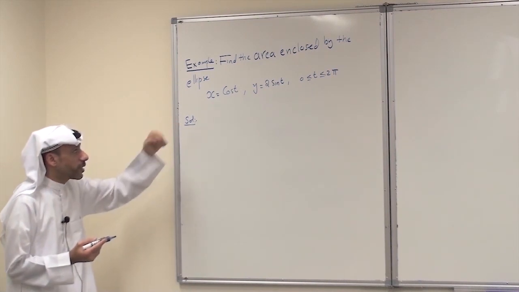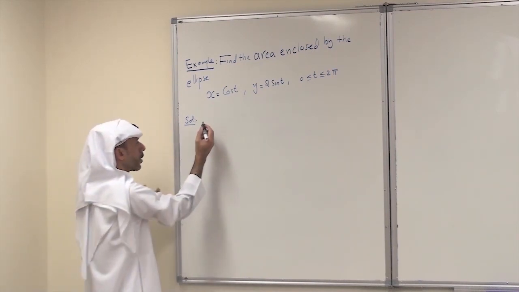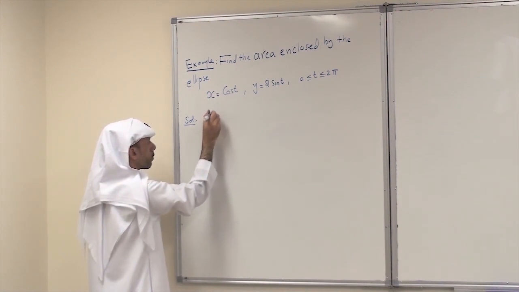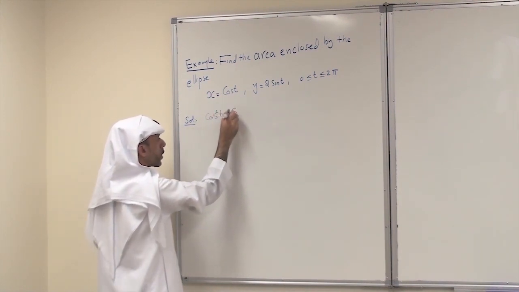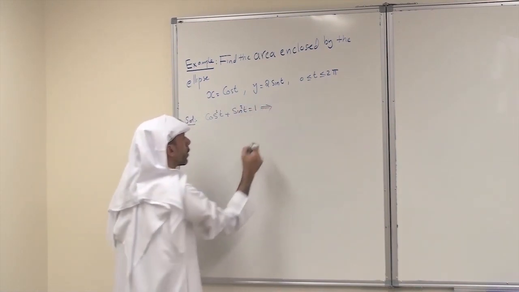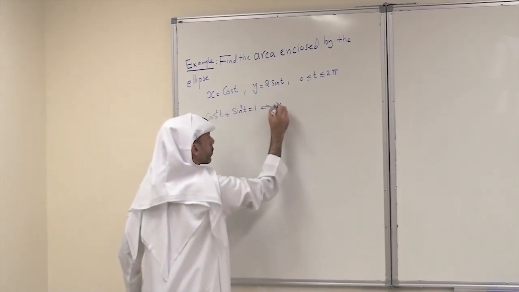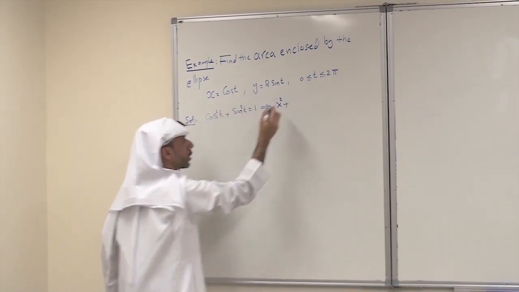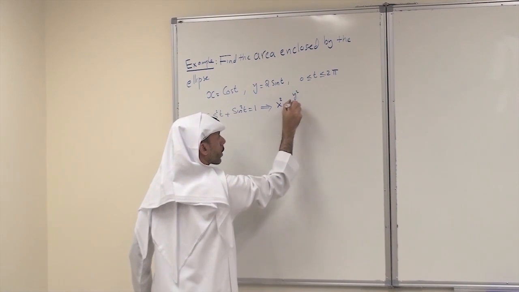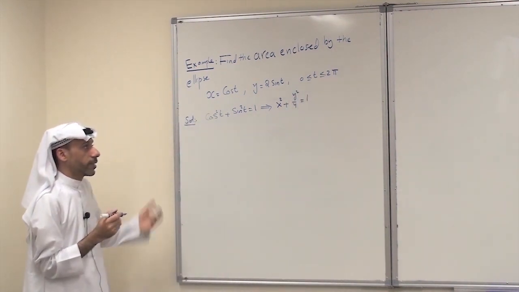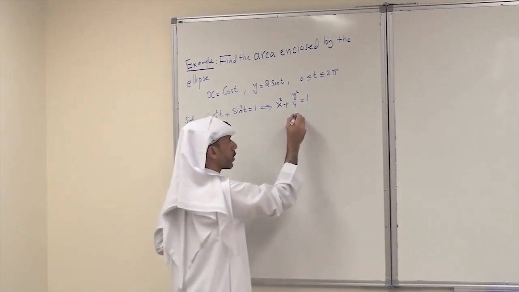But first change this to a Cartesian equation using the basic trig identity, which is cosine squared t plus sine squared t equals 1. This gives us x squared plus y over 2 squared, y squared over 4, equals 1. This is the equation of an ellipse, and we can sketch it.